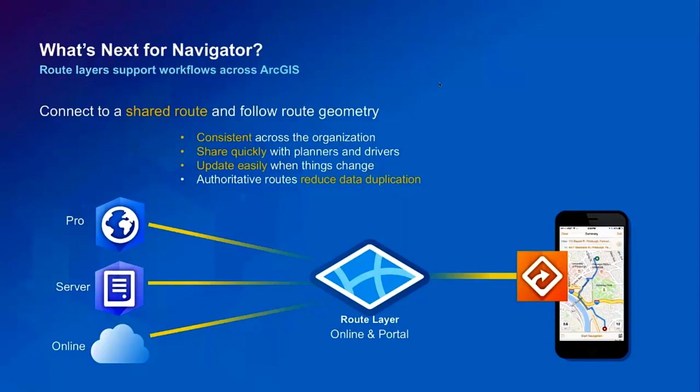Save that as a route layer inside of ArcGIS Online or Portal, and then share it to Navigator so that the device is always following along a well-defined pre-planned route rather than determining a route within the Navigator application.